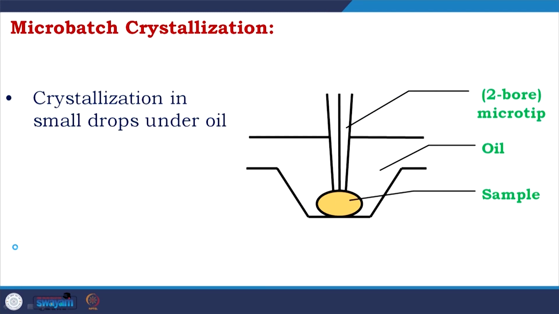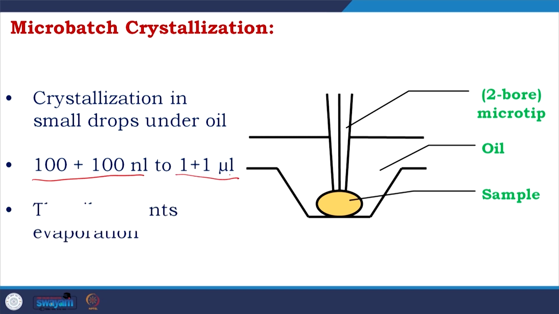Microbatch crystallization is crystallization in small drops under oil. So, under the oil there is the sample and the protein solution. It is generally in low volume, 100 plus 100 nanoliter or 1 plus 1 microliter. The oil prevents evaporation. When I was talking about hanging drop and sitting drop, they evaporate until equilibrium is reached.